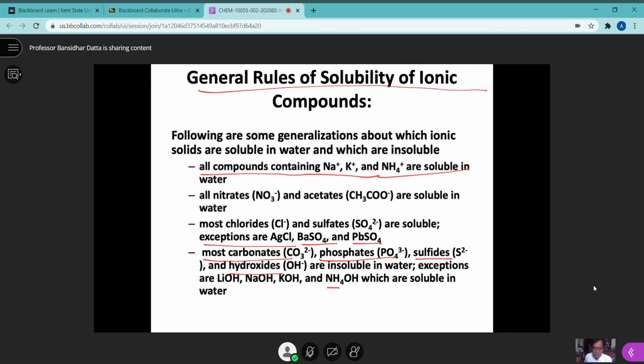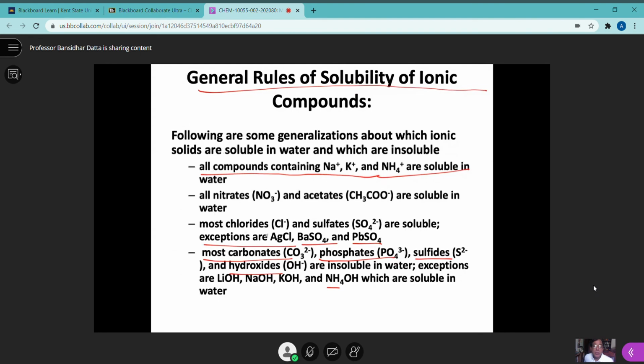Ammonium goes along with them. They're all soluble. So lithium carbonate, sodium carbonate, potassium phosphate, lithium sulfide, lithium hydroxide, sodium hydroxide, potassium hydroxide, ammonium hydroxide, they're all soluble in water.